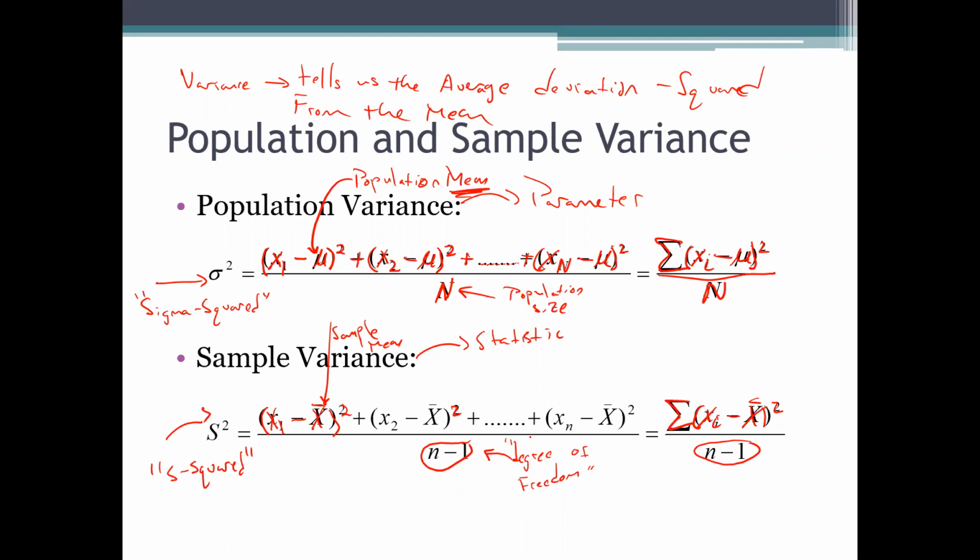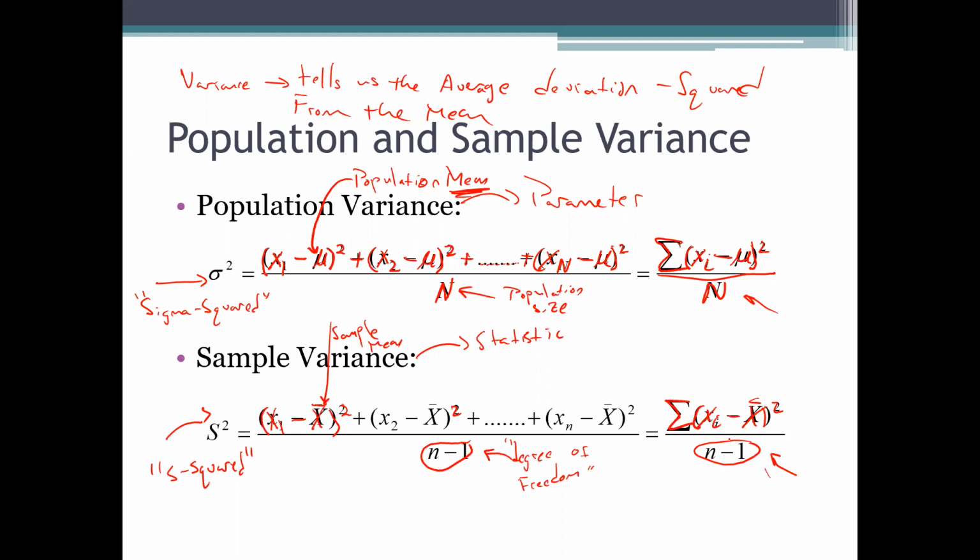So to correct for that, we just divide by n minus 1 because we recognize that our sum here is most likely to be smaller than it should be. So we just divide by 1 less. Okay, but just for now: population variance, divide by n; sample variance, divide by n minus 1.